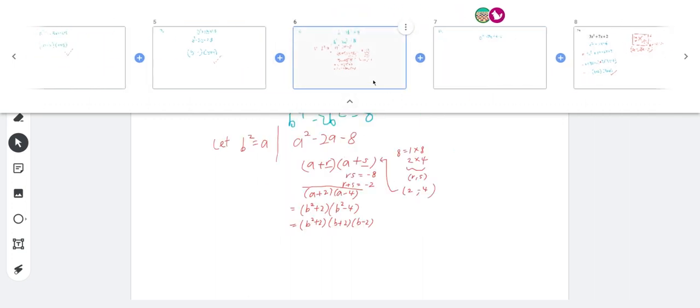You will see that there are even powered terms, with 4 and 2.